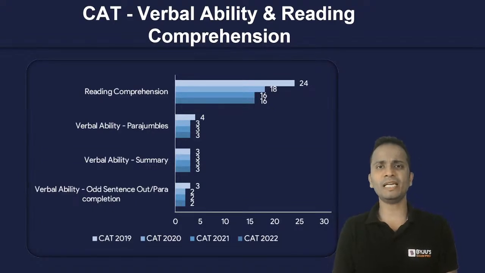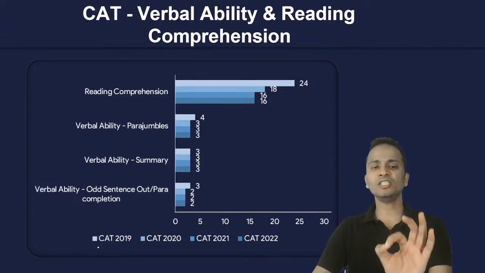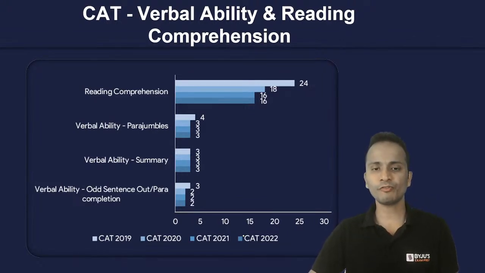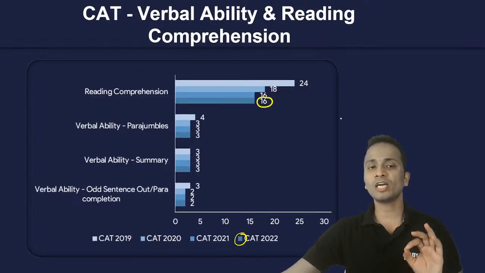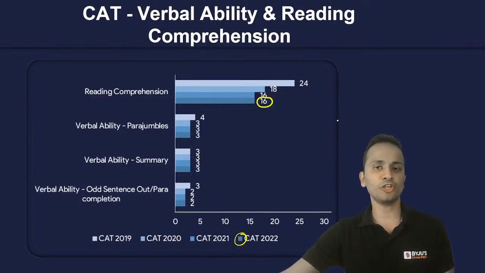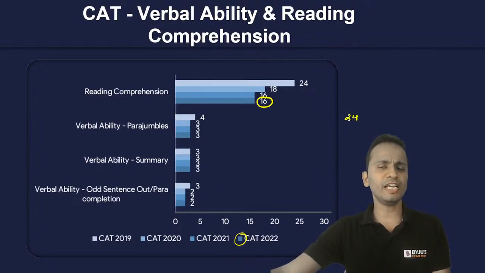For verbal ability and reading comprehension, look at the number of questions that have appeared in the previous year papers of CAT. I have considered 4 years, CAT 19, 20, 21, and 22. If you look at CAT 2022, there were a total of 16 reading comprehension questions out of 24 questions in the VARC section.